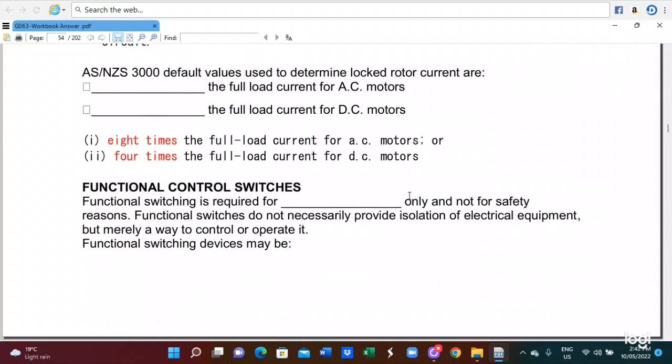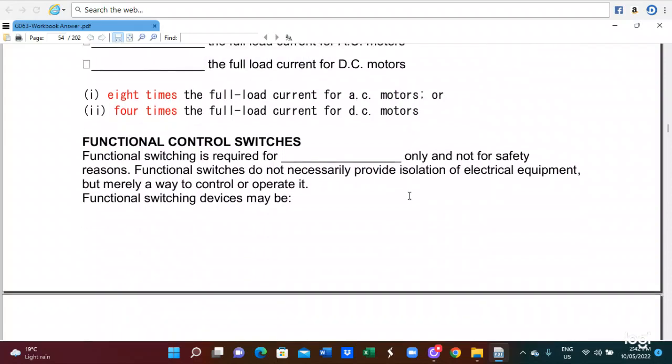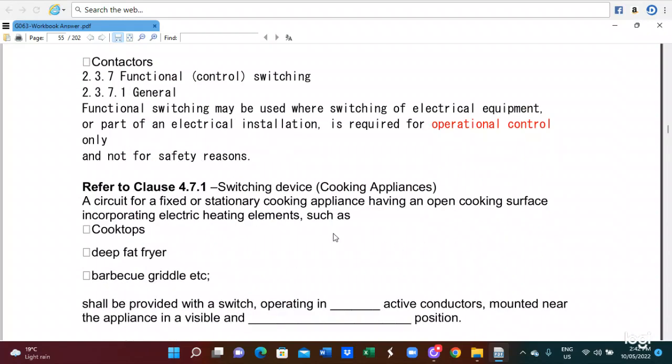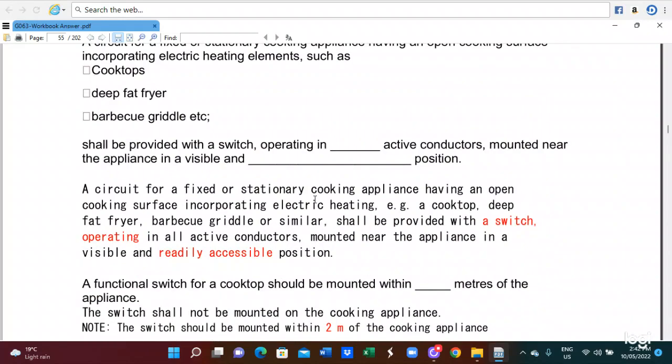We are also talking about functional control switches. Functional control switches may be utilized for the switching of electrical equipment that is part of the electrical installation, required for operational control only. For switching devices for cooking appliances, we refer to the circuit for a fixed or stationary cooking appliance having an open cooking surface incorporating electric heating, such as a deep fat fryer, barbecue grill or similar.